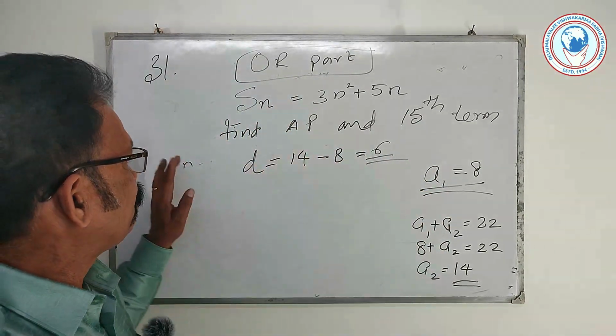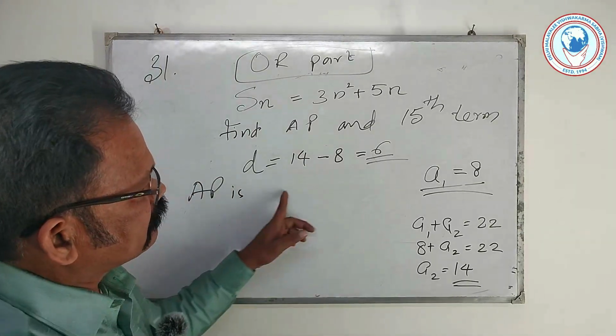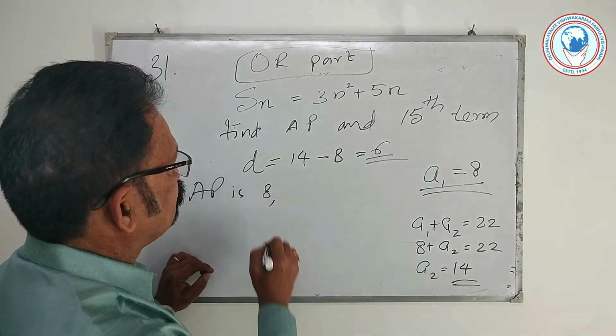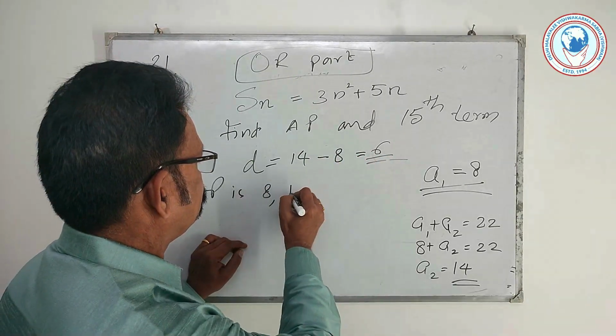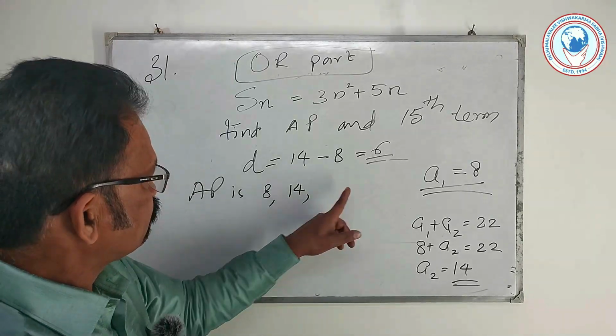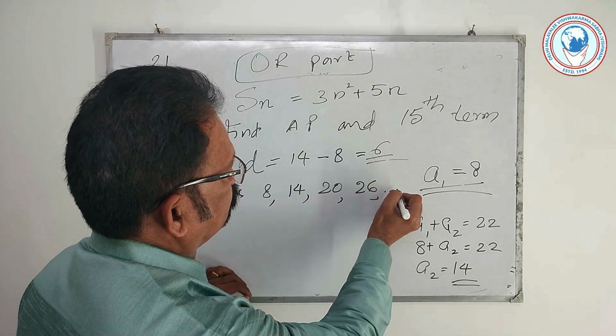Therefore, we can write the AP as: first term 8, common difference 6. So, adding 6, again add 6. So, this is the AP.